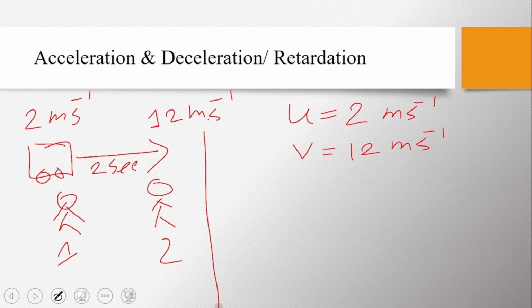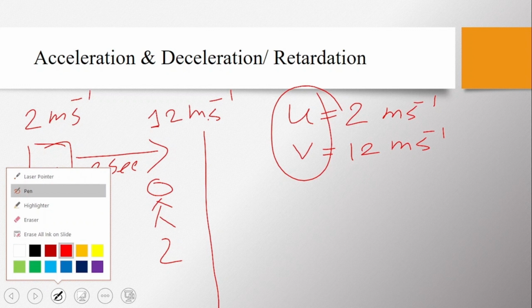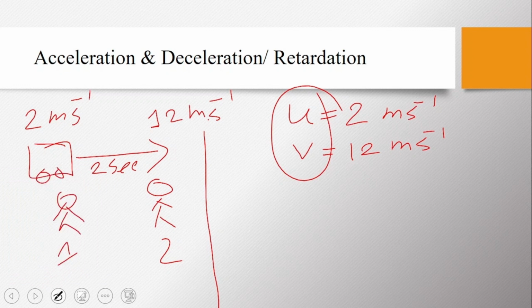Now if I ask you what is the difference between the two velocities, that means final velocity and initial velocity, you will say, sir, it is v minus u. That means v minus u is 12 minus 2, which is 10 meter per second. And if I ask you what the time was, you'll say 2 seconds.